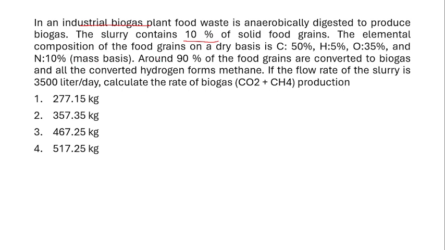Now, around 90% of the food grains are converted to biogas, and all the converted hydrogen forms methane. So 90% of the food grains are converted to biogas, and the key point given is that whatever hydrogen is present in this biogas is produced as methane. So we have two biogases: carbon dioxide and methane. Whatever hydrogen is present in the food grain is completely converted into methane.